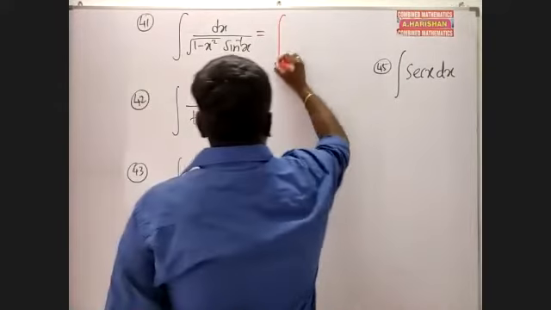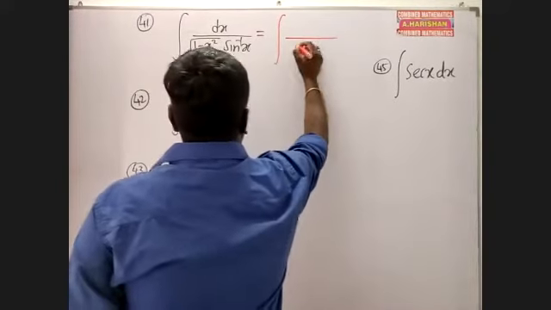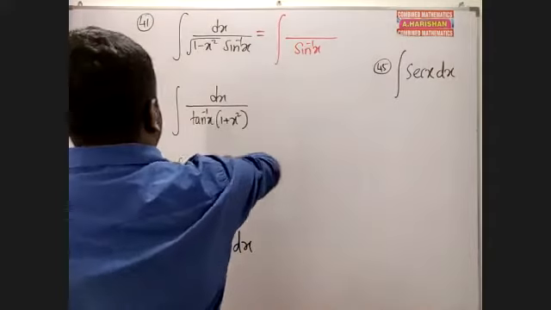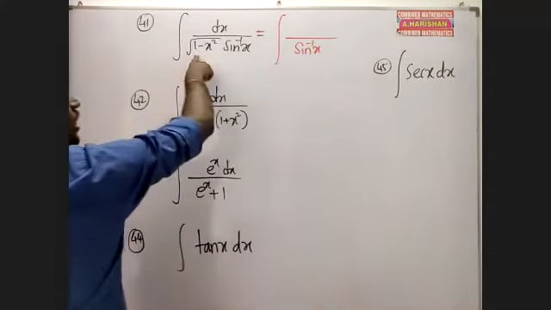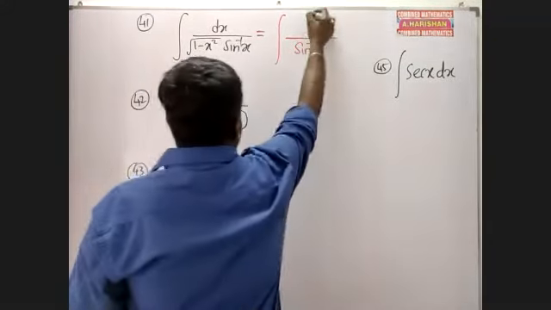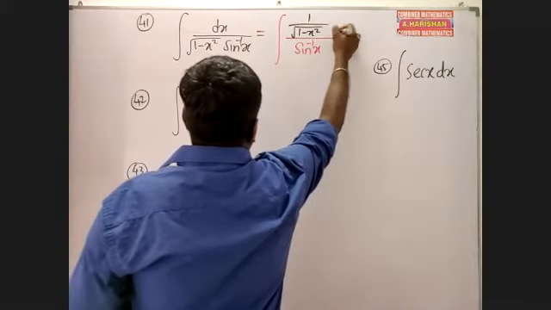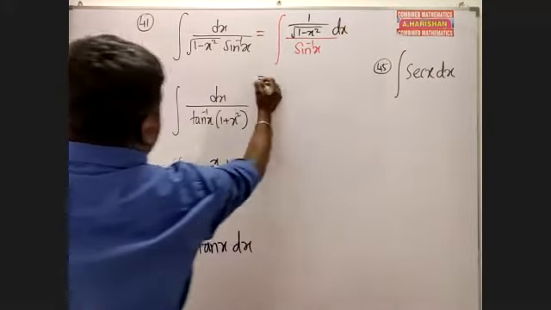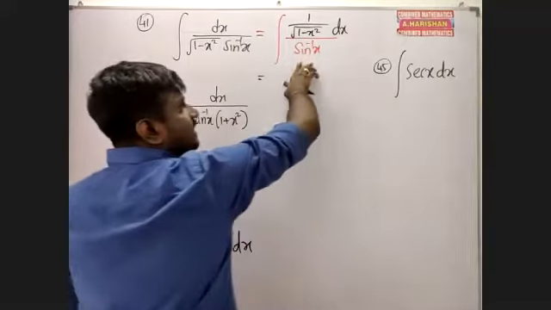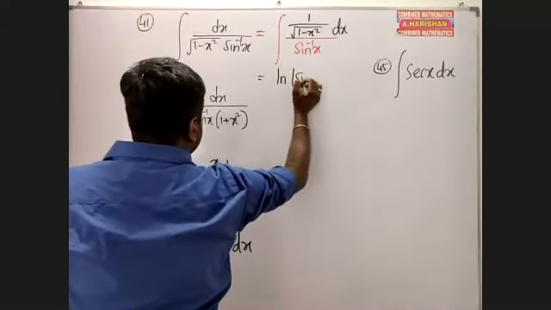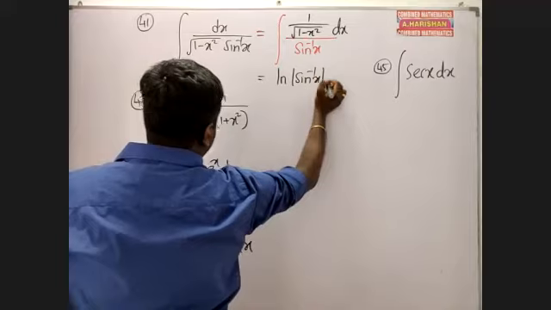Here you know that this is sine inverse x, you can keep it down. So you can write the square root of 1 minus x squared as 1 over the square root of 1 minus x squared dx. So obviously this is the differentiation of the one in the bottom on the top. So ln of sine inverse x plus c.